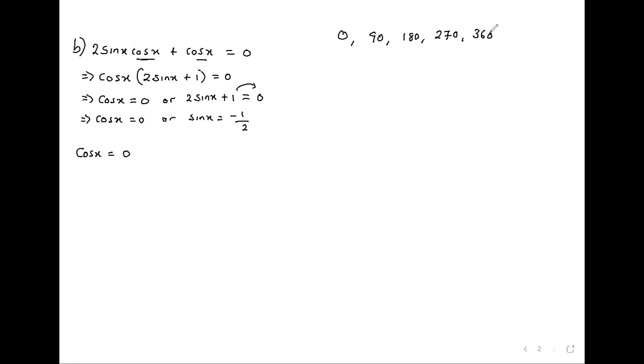These are the ones that can give us zeros here. For positive cos, if the value on the right is positive, then you get an angle from the first and the fourth quadrant. If it's negative, then you get from the second and third quadrant.